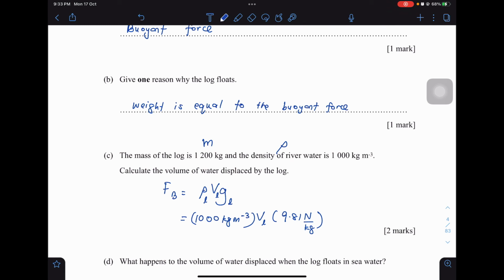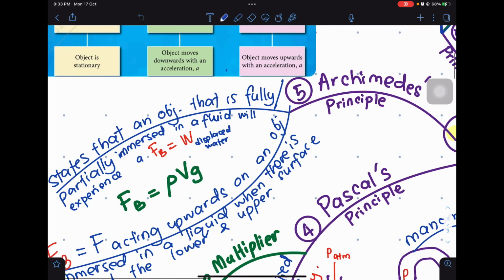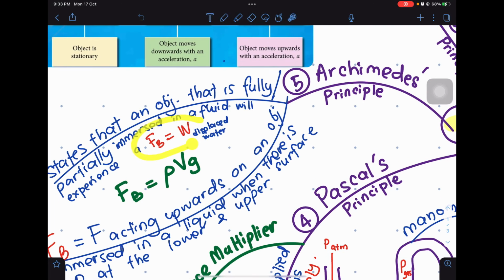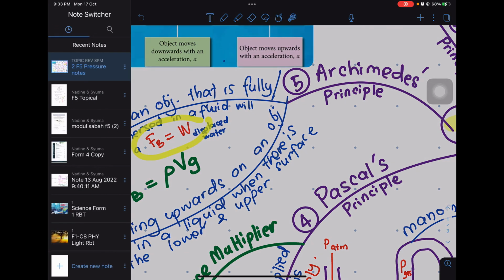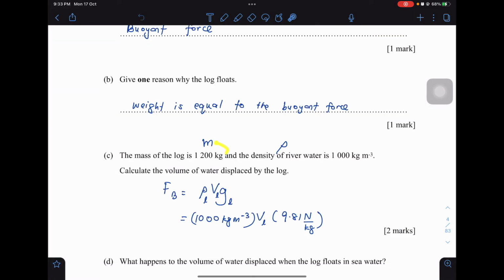Actually the buoyant force equals the weight, from the concept earlier. Do we know the weight of the log? We know weight equals mass times g. The mass is 1200 kg, and g is 9.81 newtons per kg.